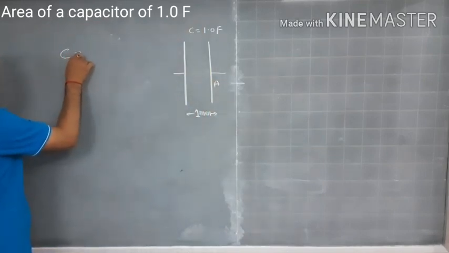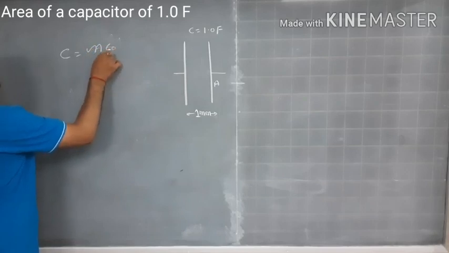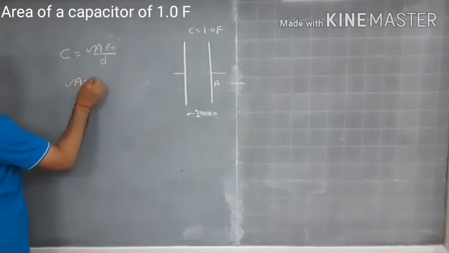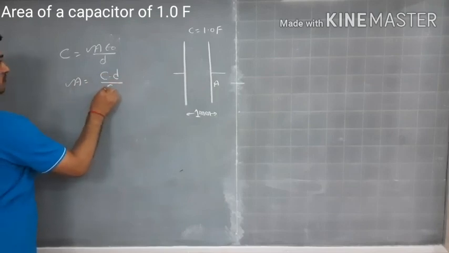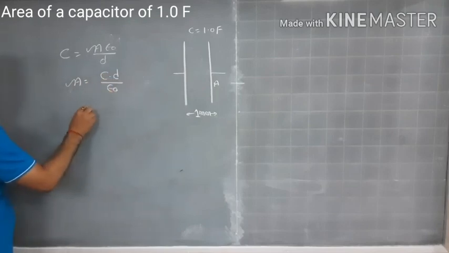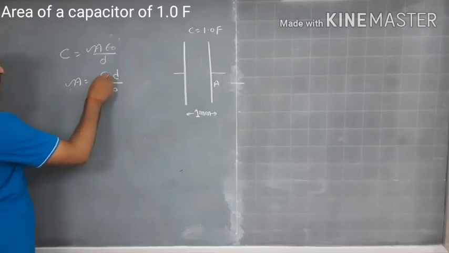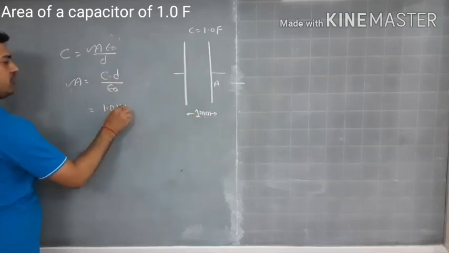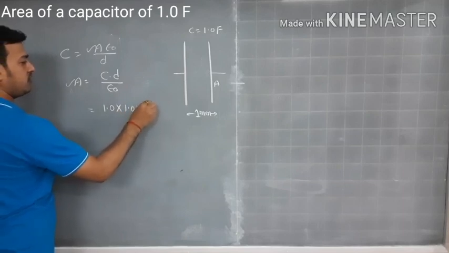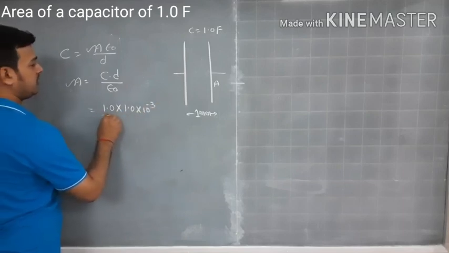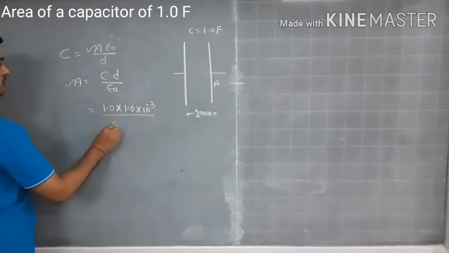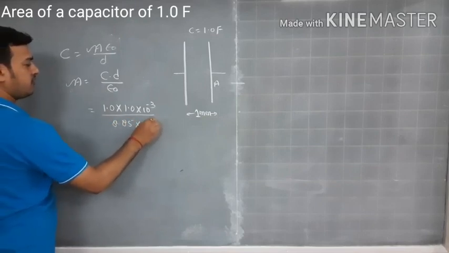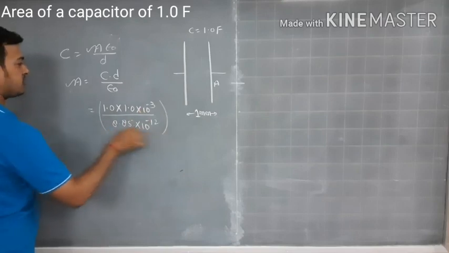So we have the formula of capacitance as A epsilon naught by d. If I need A, simply I have to put in the values that are known to us. Capacitance is 1 farad, separation is 1 mm, so I will convert it into SI units, and divide by epsilon naught, whose value is about 8.85 times 10 raised to power minus 12 SI units.